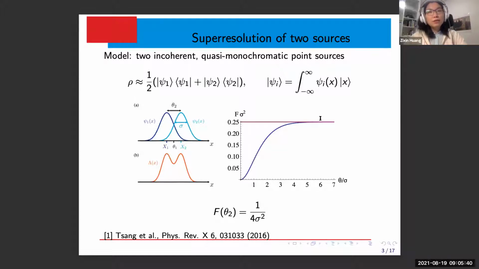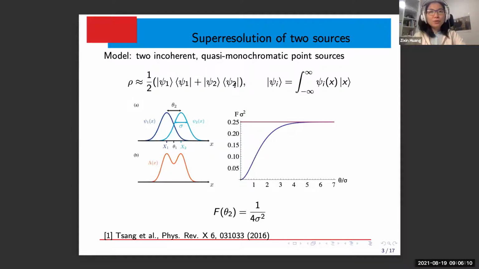On the other hand, if you calculate the quantum Fisher information, that is something that's maximized over all possible measurements, then the quantum Fisher information actually stays constant all the way down to a 0 separation. So this is kind of hinting at the fact that if you do an optimal measurement, then you can resolve things which are very small with constant precision.